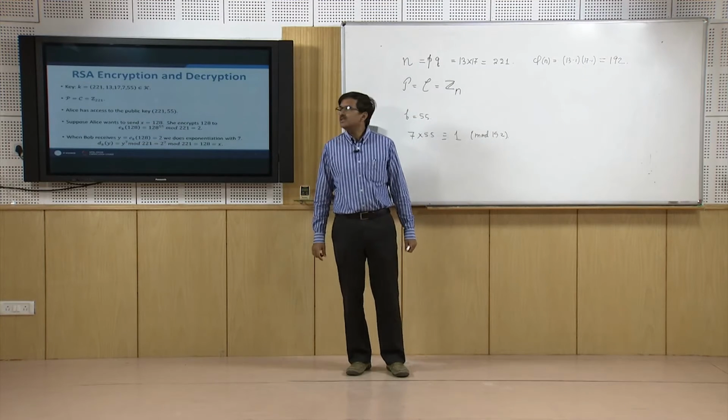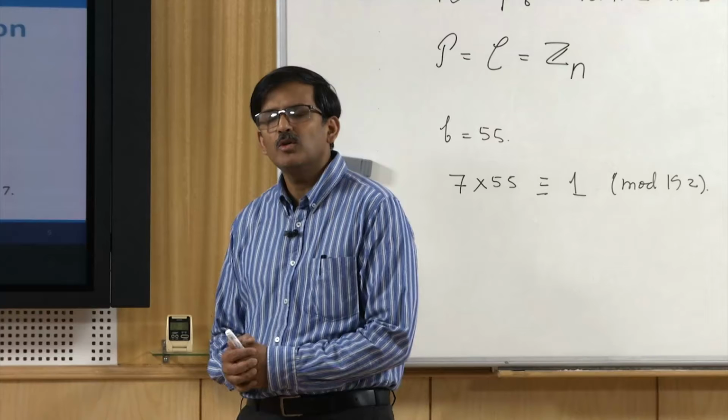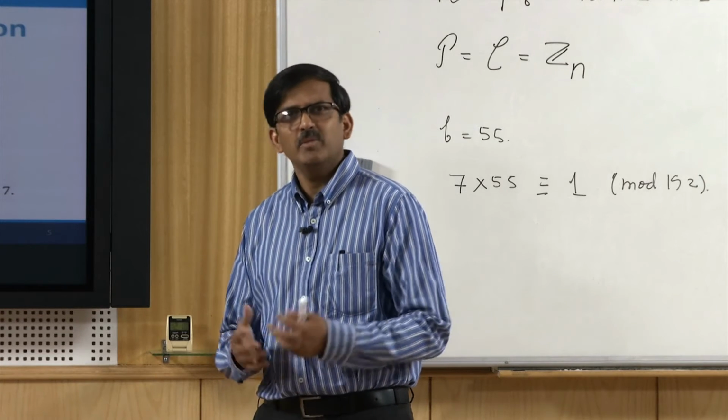I am deliberately choosing 128 because I want to show that the number that we choose need not be co-prime to phi n, it can be any number.